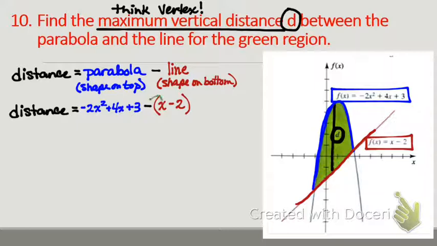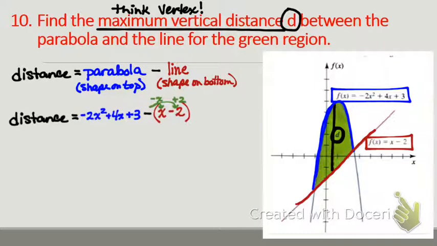So I'm going to distribute. So that's going to give me negative x plus 2. I want to combine my like terms together. So what would I get when I combine those like terms together? Negative 2x squared plus 3x plus 5.